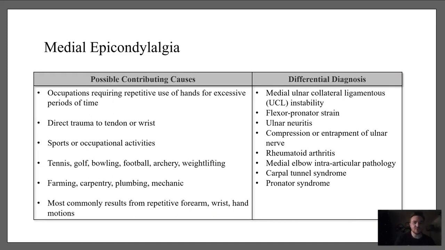So contributing causes of this, again, are occupations that may require repetitive use of hands, direct trauma to the tendon or the wrist, sports like tennis, golf, bowling, football, archery, weightlifting, baseball for sure, and in terms of occupations, farming, carpentry, plumbing, mechanics. So very similar to lateral. And then differentials will have you go through this list as well.